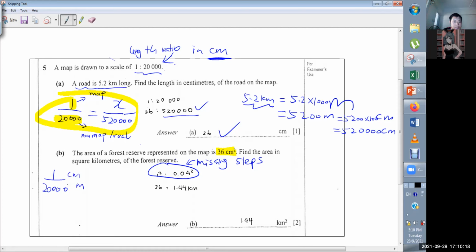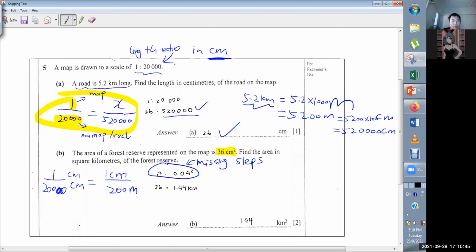Then convert it into 1 cm above. Then convert the below over here to m first. When you convert it to m, for the denominator 20,000 cm, you just divide by 100, so you are going to have 200 meter.